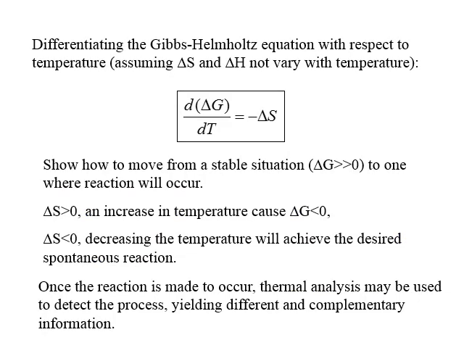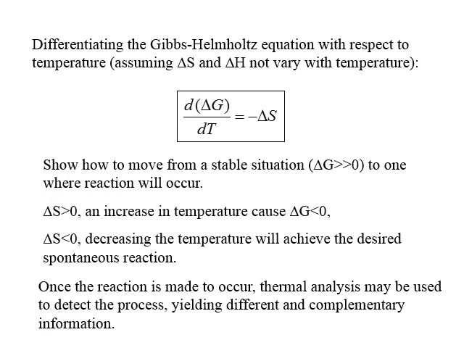Just to develop some basic relationships, we can differentiate the Gibbs-Helmholtz equation with respect to temperature. So if we take d delta G as a function of dT, it equals negative delta S. And that allows us to show how we move from a stable situation to one where a reaction will occur. If delta S is greater than 0, then an increase in the temperature will cause delta G to be less than 0 and a reaction will go forward.